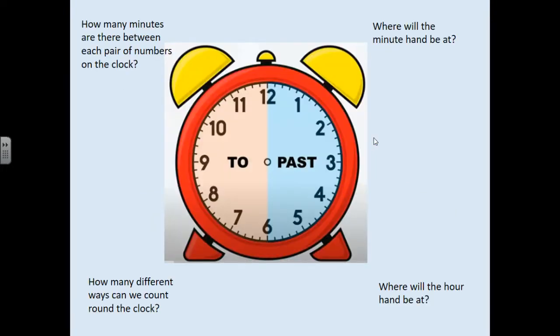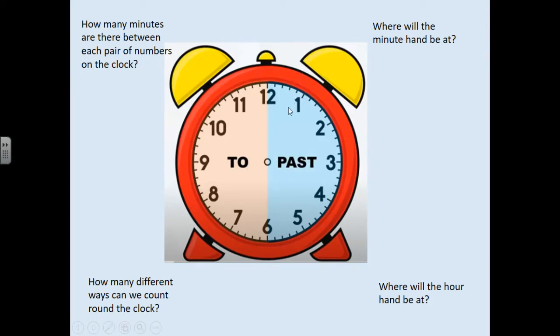I have got a clock here. The blue section shows us minutes past the hour, and this one is showing minutes to the next hour. What we need to find out is how many minutes there are between each pair of numbers on the clock.